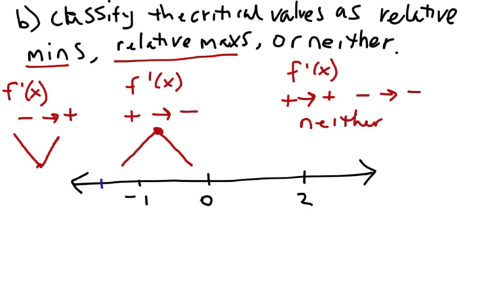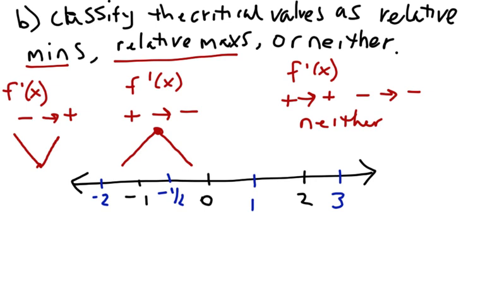So smaller, -2; between -1 and 0, unfortunately the best thing I've got there is -1/2; between 0 and 2, 1; and beyond 2, 3. So I'm going to plug each one of those 4 values into my first derivative to determine the sign at each.